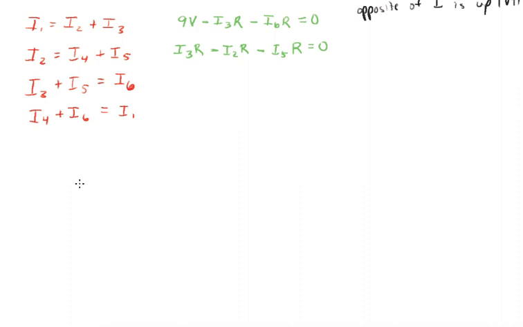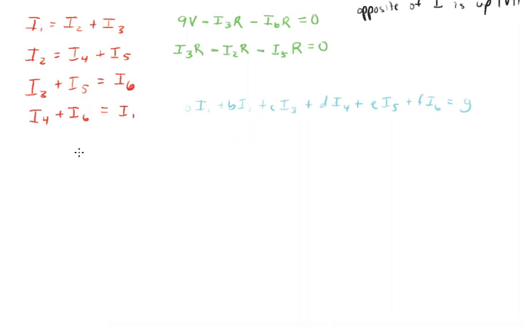We want each equation as some coefficient A times I1 plus B times I2 plus C times I3 plus D times I4 plus E times I5 plus F times I6 equals some number. I don't know what it'll be. We want to get them all in this form, just in case you've never done this before.